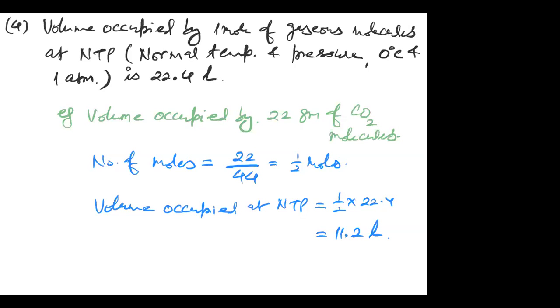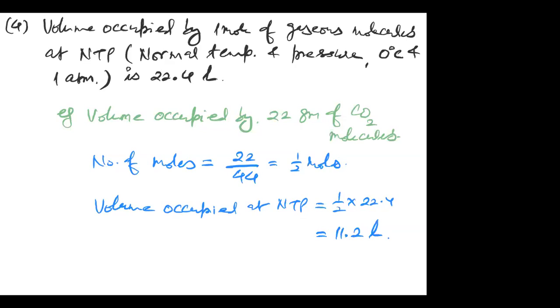Number of moles is the mass given divided by gram molecular mass of CO2, which is 44, comes out to be half mole. And volume occupied at NTP is half mole multiplied by the volume occupied by 1 mole, which comes out to be 11.2 liter.